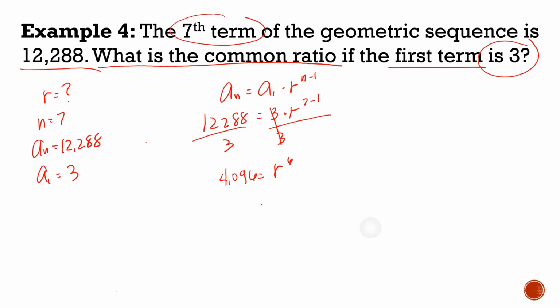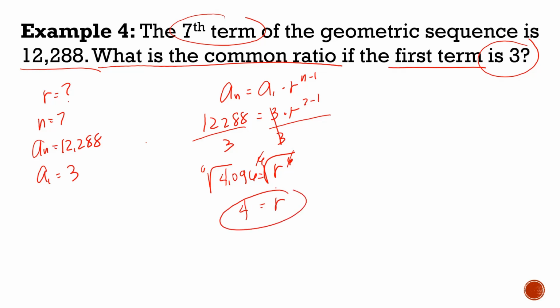So here we have two options. We can use our calculator to find the sixth root of 4,096, right? Sixth root of 4,096. Okay, and that is equal to 4.